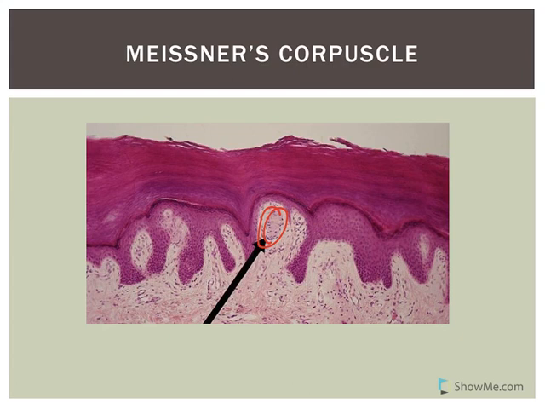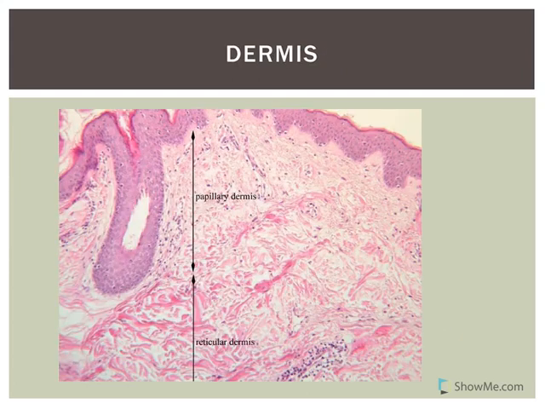Now beneath the papillary dermis, we have what is referred to as the reticular dermis. Now this is cut off. The reticular dermis is much bigger, but we had to zoom in so you can at least see the epidermis and the papillary dermis. But in the reticular dermis, you see a lot of dense bundles of collagen, running in an irregular fashion.